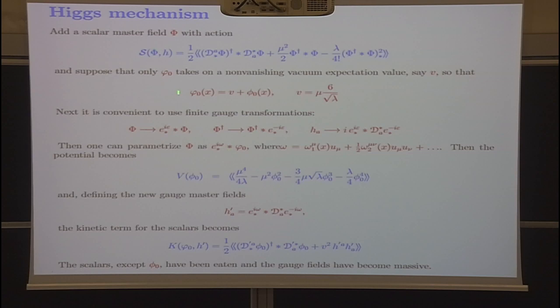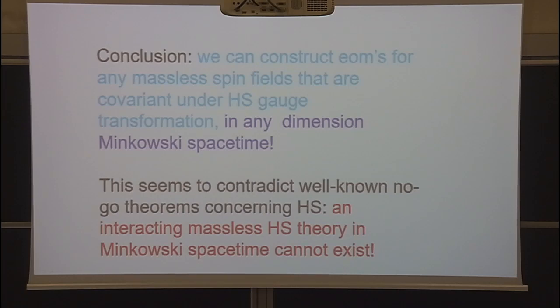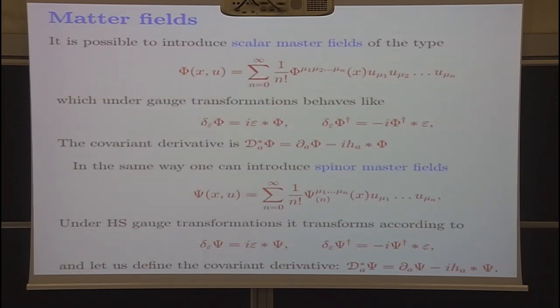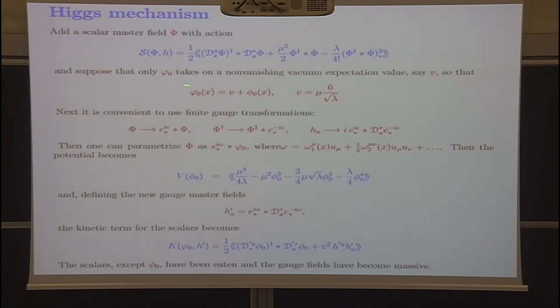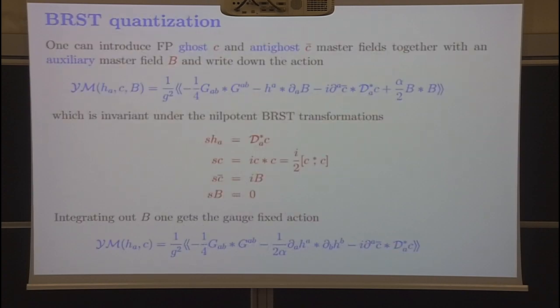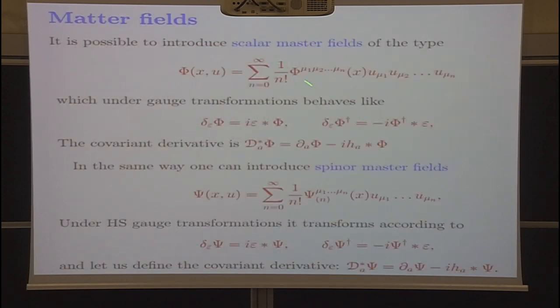And then assuming that the field phi 0, which is the first field in the series, in this series. The first without indices is phi 0.